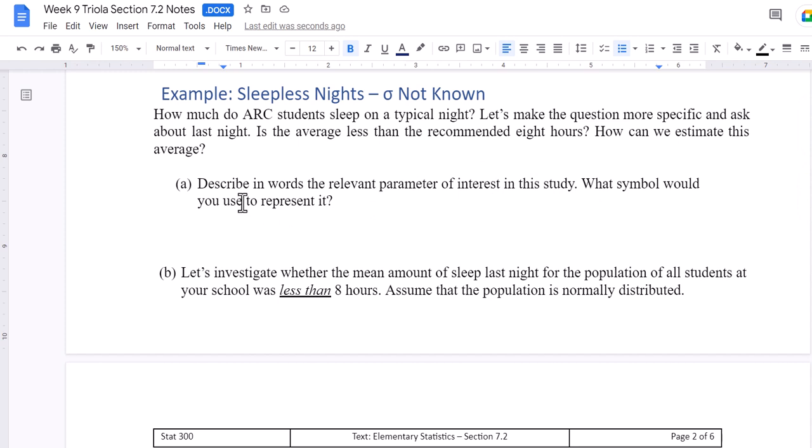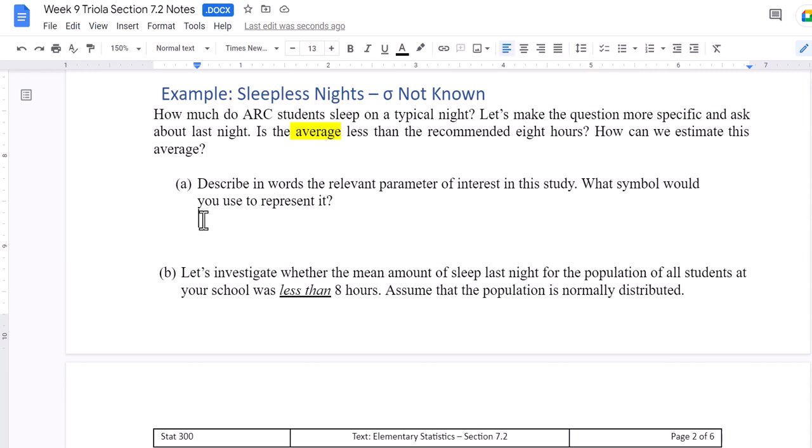So describe in words the relevant parameter of interest in the study, and what symbol would you use? Looking back at the example, notice that it says, is the average less than the recommended 8 hours? So we are looking at the average. That is going to be our parameter. What symbol do we use for average?